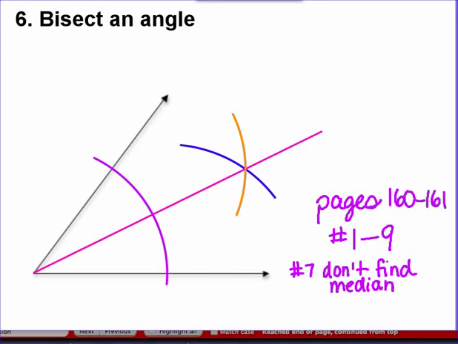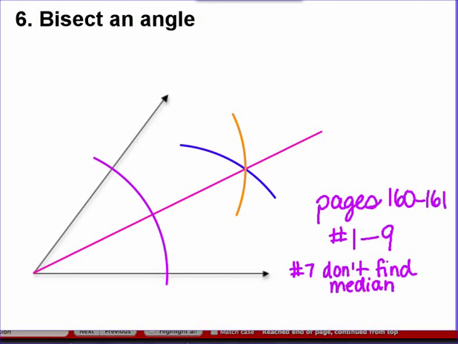On number 8, construct triangle MSE with OU, where O is the midpoint of MS and U is the midpoint of SC. And then last but not least, number 9, construct the angles 90, 45, and 135 without your protractor.